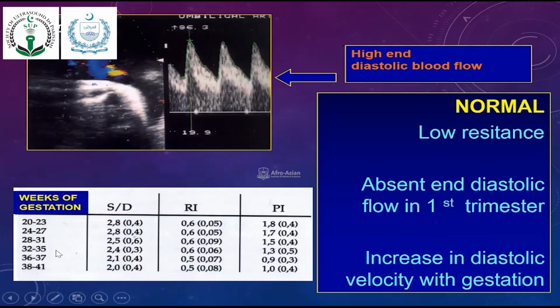We look at the chart, the week of gestation versus SD ratio, RI and PI. At 20 to 23 weeks, the SD ratio is 2.8, then RI is 0.6 and PI is 1.8.